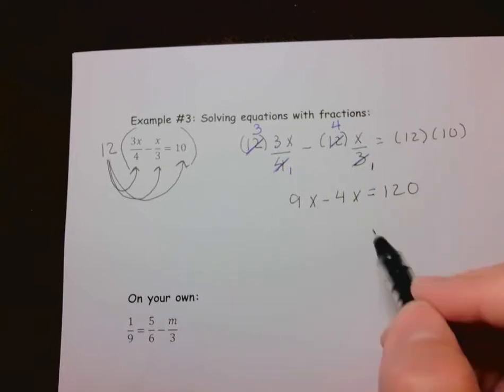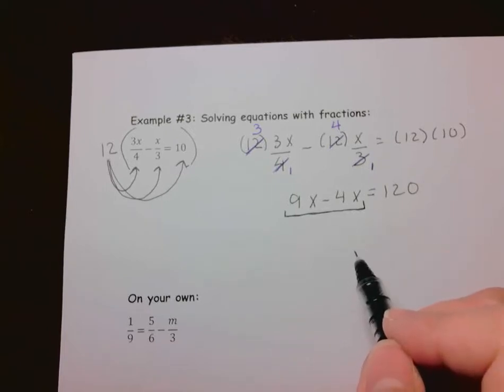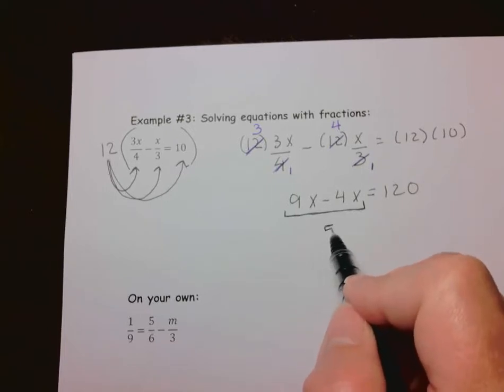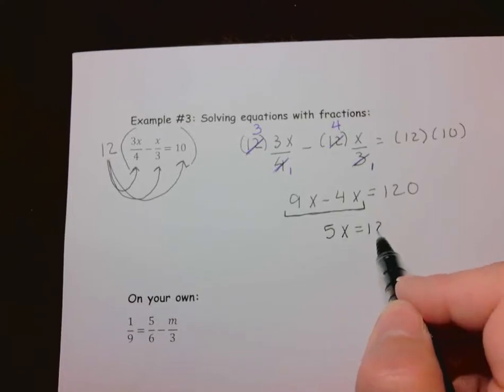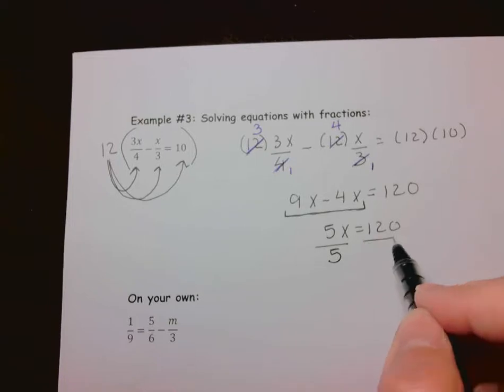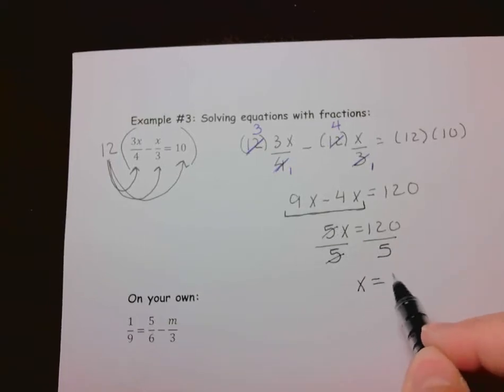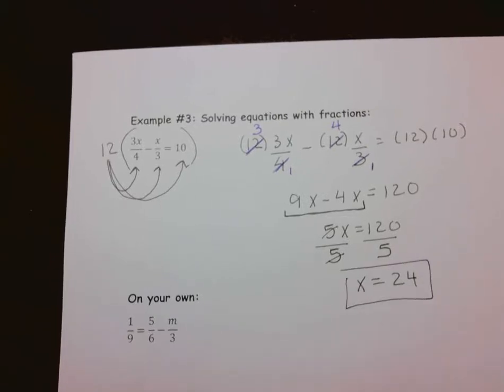I want to simplify everything that's on the same side of the equality symbol. And now I divide both sides by 5. And when I do so, I think that's 24. Let me check. Yes, 24. Okay, if you need to watch that again, please do so. And then work these out on your own.